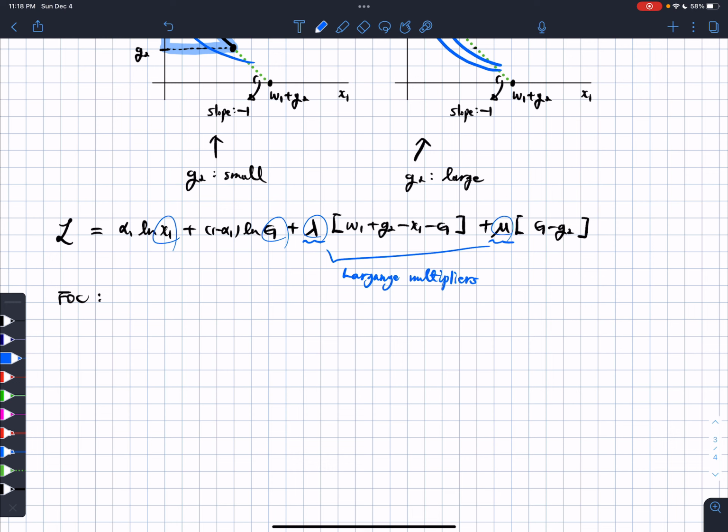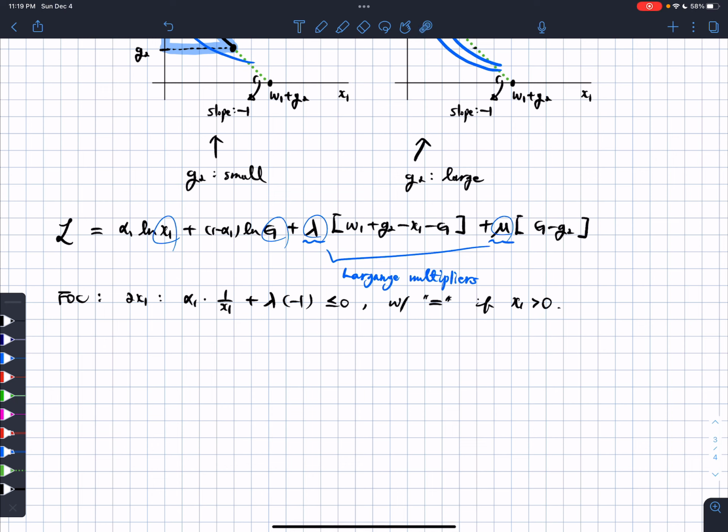Okay, so first, with respect to x1, x1 appears here and only here. So what I will have is alpha 1 times 1 over x1 plus lambda, then I have minus 1. And we should set it less than or equal to 0 with equality if x1 is positive at a solution, right?